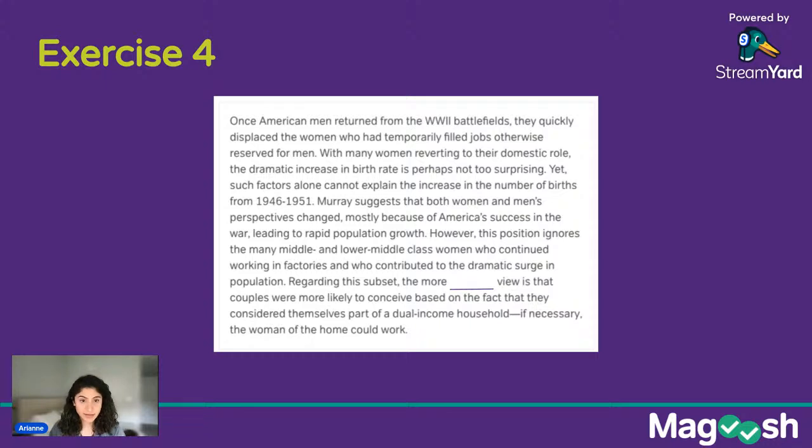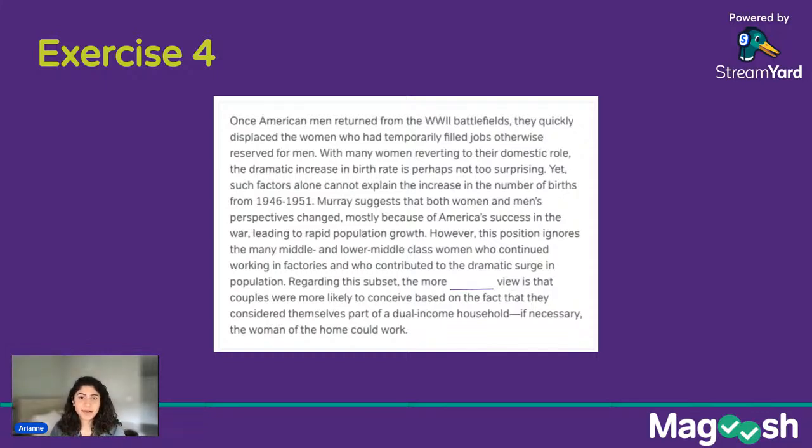Reading a little bit ahead, or leading up to that sentence, we have however. However indicates that the author clearly disagrees with Murray. So the author then presents what he or she believes is a more plausible view. In this sense, it doesn't seem that the author will be talking about the accepted view, right? We're talking about what are the reasons for couples to try to conceive, right?